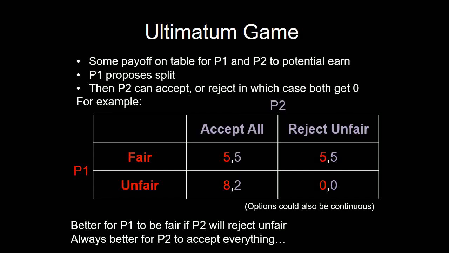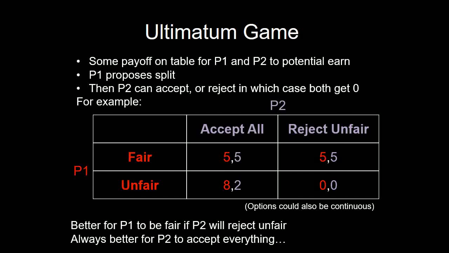And so for player 1, it has this coordination flavor: if the other person is basically not going to demand fairness, then there's no reason for you to be fair. If the other person is going to demand fairness, then you need to be fair. But for player 2, there's no incentive to demand fairness, because if player 1 is fair, it doesn't matter what player 2 does.